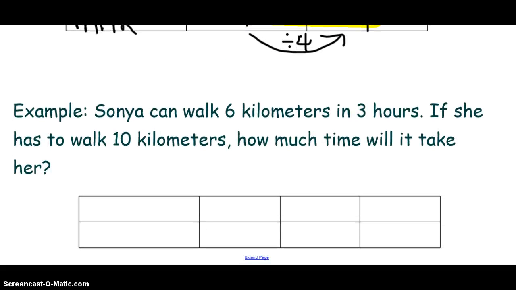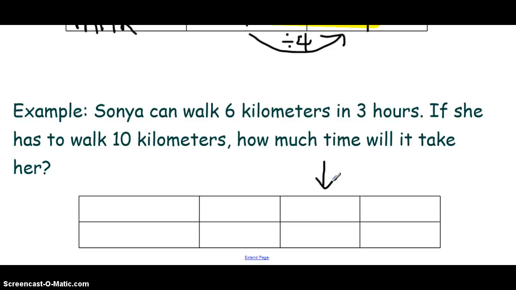Let's look at one last example. Sonia can walk 6 kilometers in 3 hours. If she has to walk 10 kilometers, how much time will it take her? In this instance, the problem is not taking us directly back to finding the unit rate, but in order to solve this problem, the easiest thing will be in this middle section of our table to find the unit rate and then change it to the 10 kilometers.